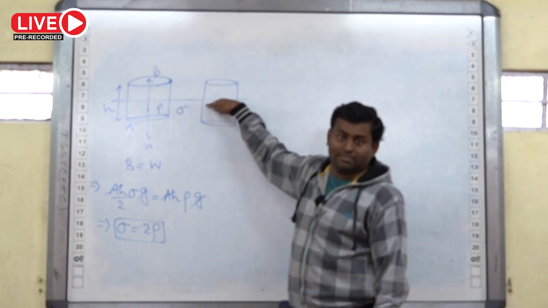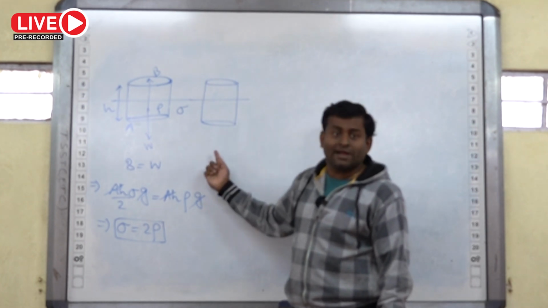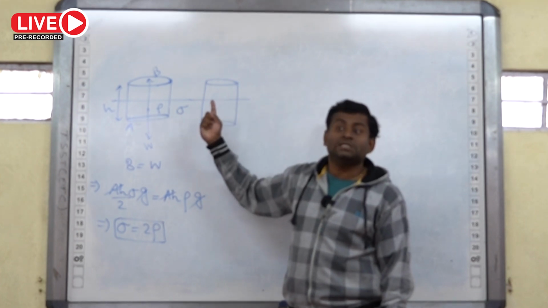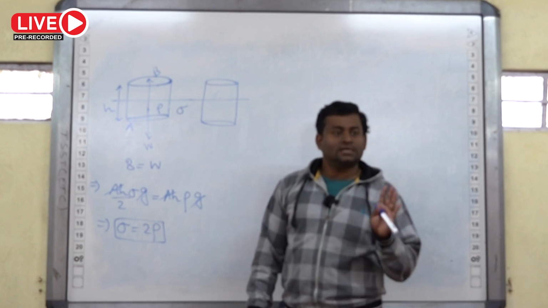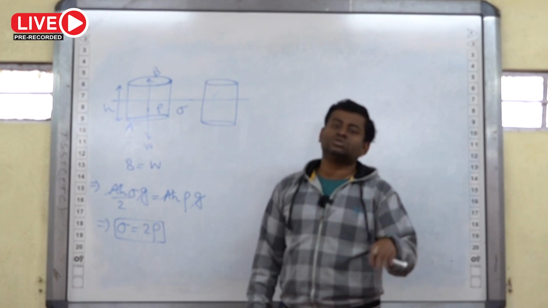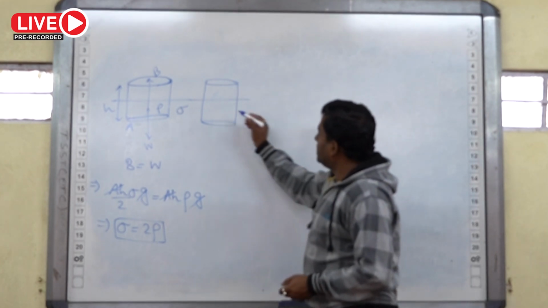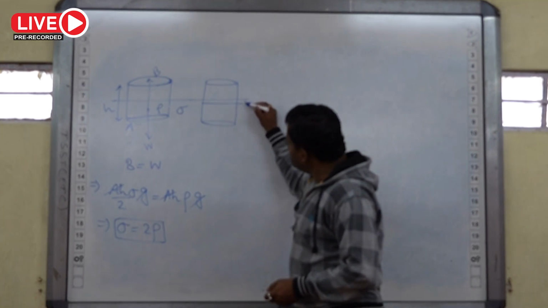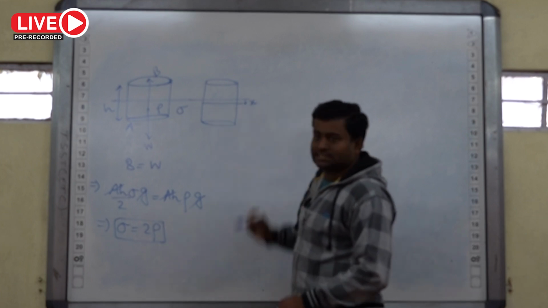You disturb it from the equilibrium, and now the excess buoyant force tries to move it towards the equilibrium. From this restoring force we have to calculate. Let us consider that this is the midpoint of the cylinder, displaced from the equilibrium position by an amount, say x.